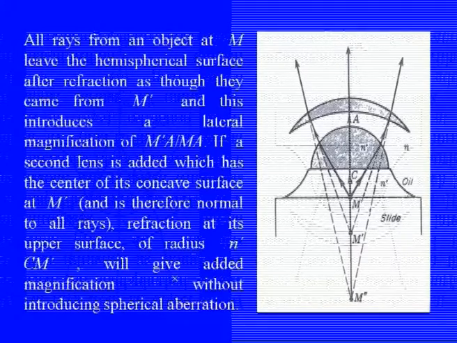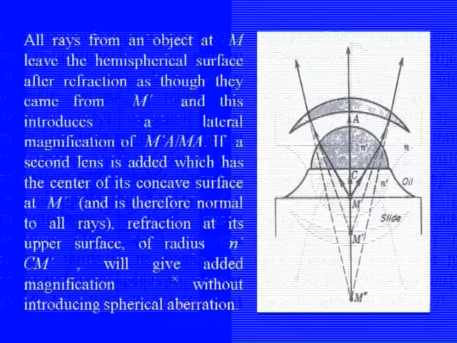And this figure shows an aplanatic lens. You see, all rays from an object at M leave the hemispherical surface after refraction as if they came from the point M prime, which is the first image formed by that spherical surface.